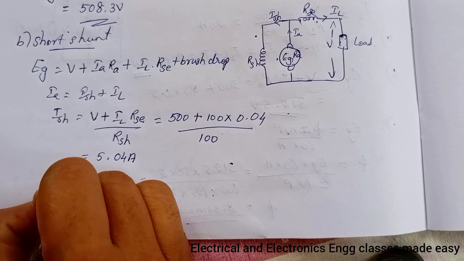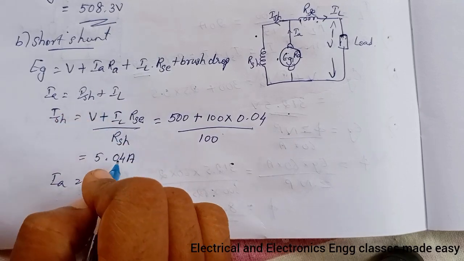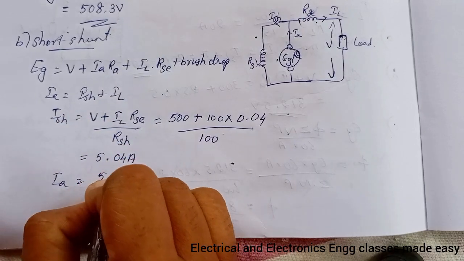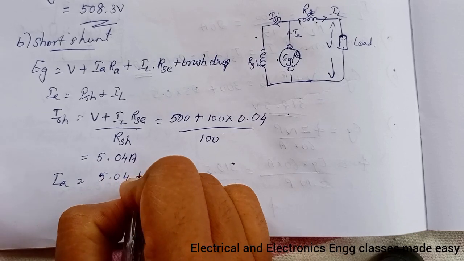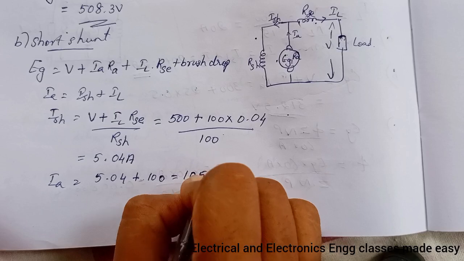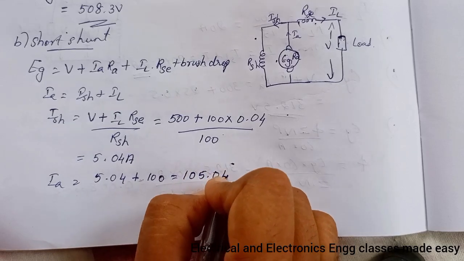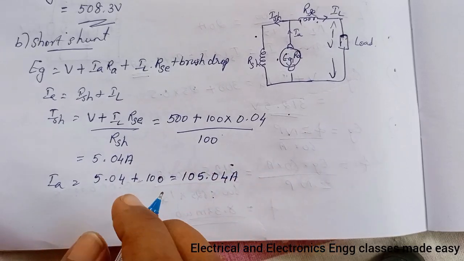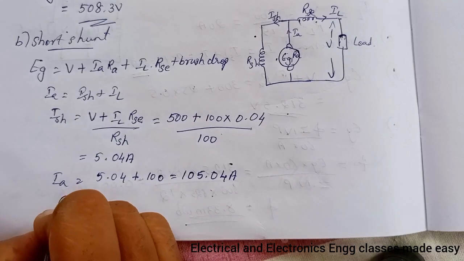Now we can find IA. IA is equal to ISH plus IL, and ISH is 5.04 plus IL is 100, which is equal to 105.04 amperes. Now we can find the generated EMF.